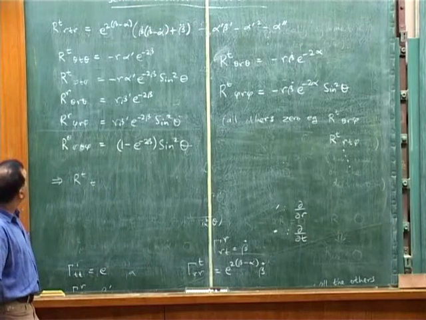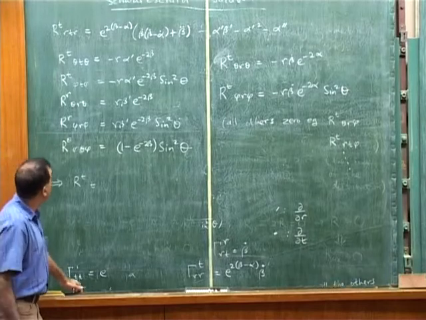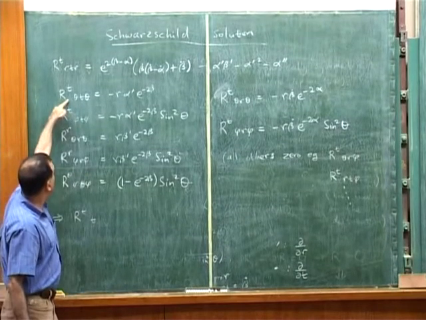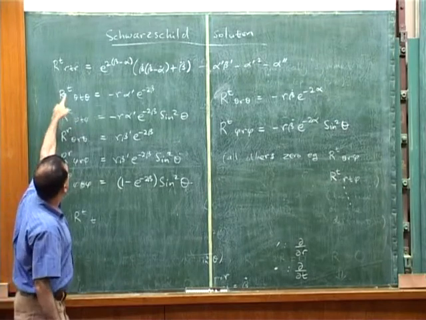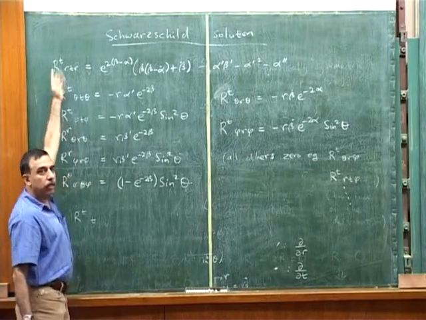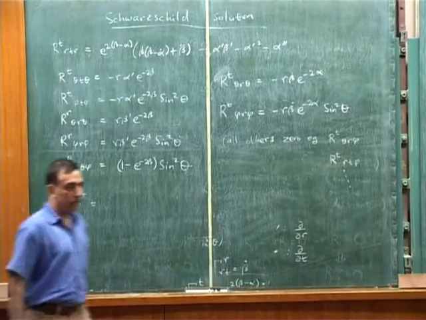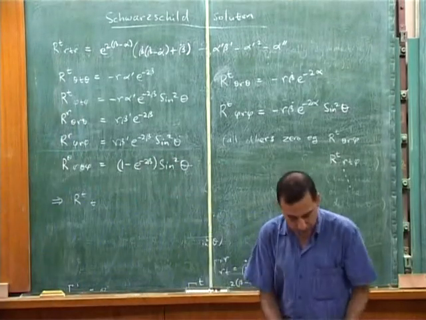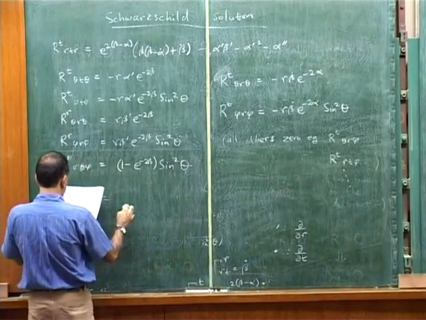So to do this, I actually need to contract with g upper theta theta on that, g upper phi phi on that, and g upper rr on that, and then sum all of them. Okay? There must be other ways to do it. This is the way I did it. Anyway, the answer is interesting.